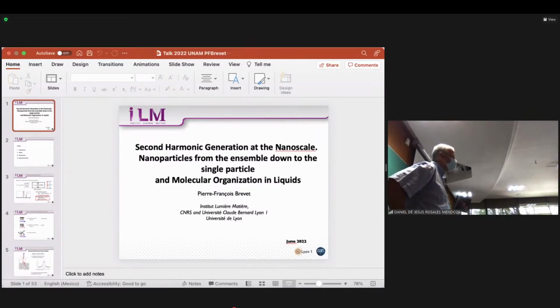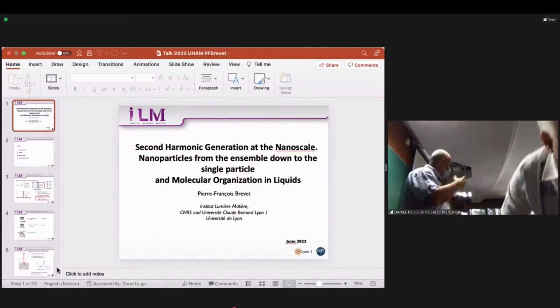I didn't get exactly what you want. Let's say, for example, the simple case that you generate a plasmon in a nanoparticle that increases the second harmonic? Yes, for sure. Resonances will increase the second harmonic.